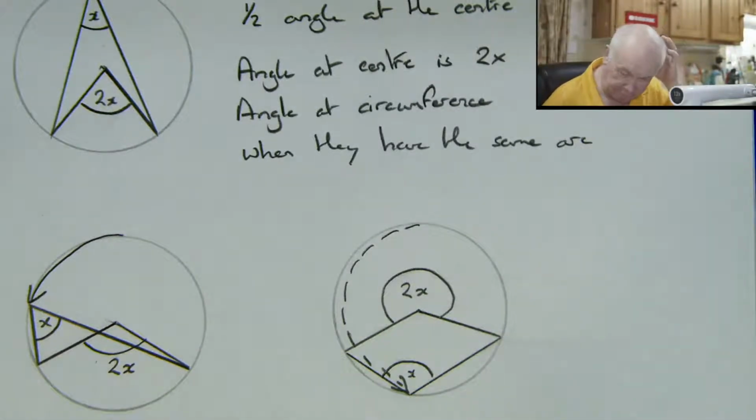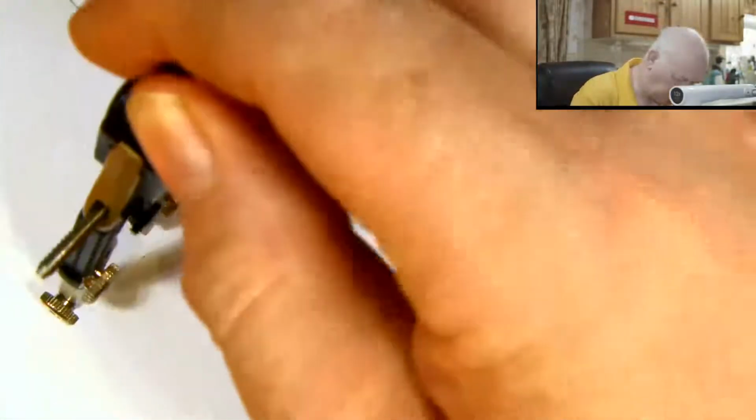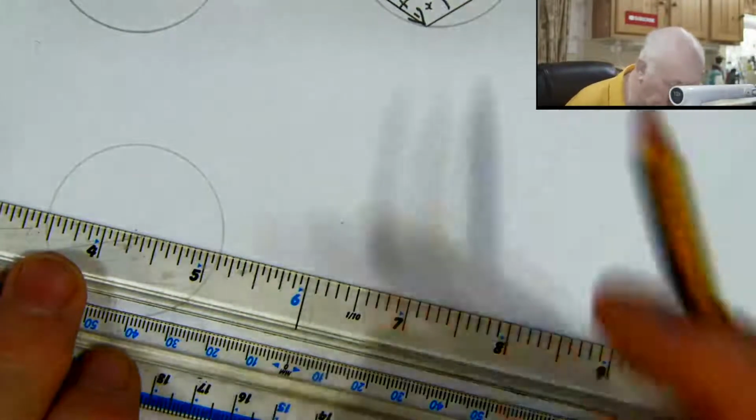Right, let's move on and have a look at the next circle theorem. Just draw in a circle. And this time I'm going to draw in a diameter.